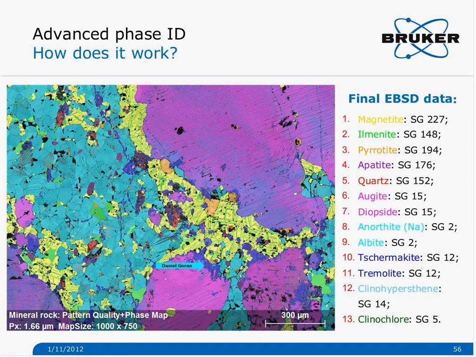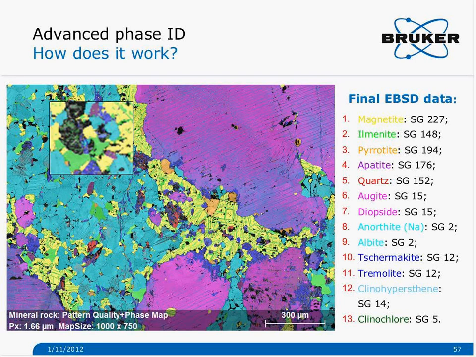And as you can see, there are some dark areas that are non-indexed, and these are natural holes and cracks in the rocks. And there's one specific area here that we find and zoom in on.